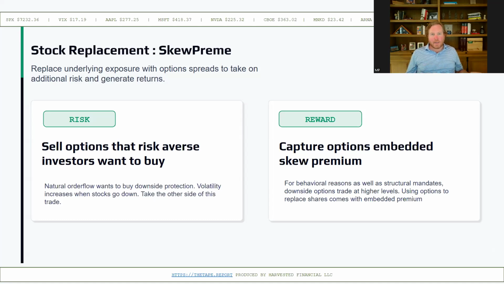I'm not giving away any particular alpha here, there isn't necessarily a secret that I've uncovered in the markets. As much as I wish I could say that, mostly what this is about is risk transfer and using the embedded risks and pricings of risks in the market to take on higher or lower risks as an investor and to put on something that is more suitable for the portfolio that we're looking to build.